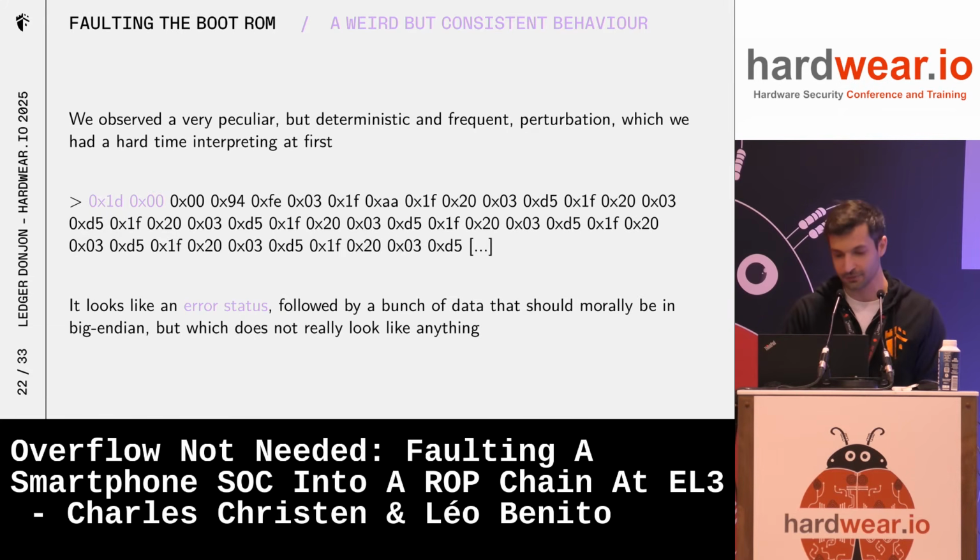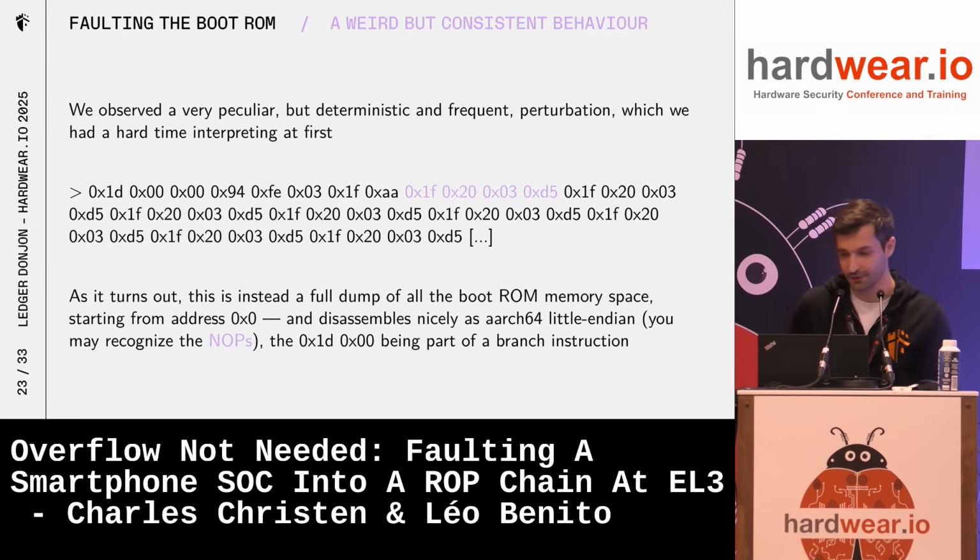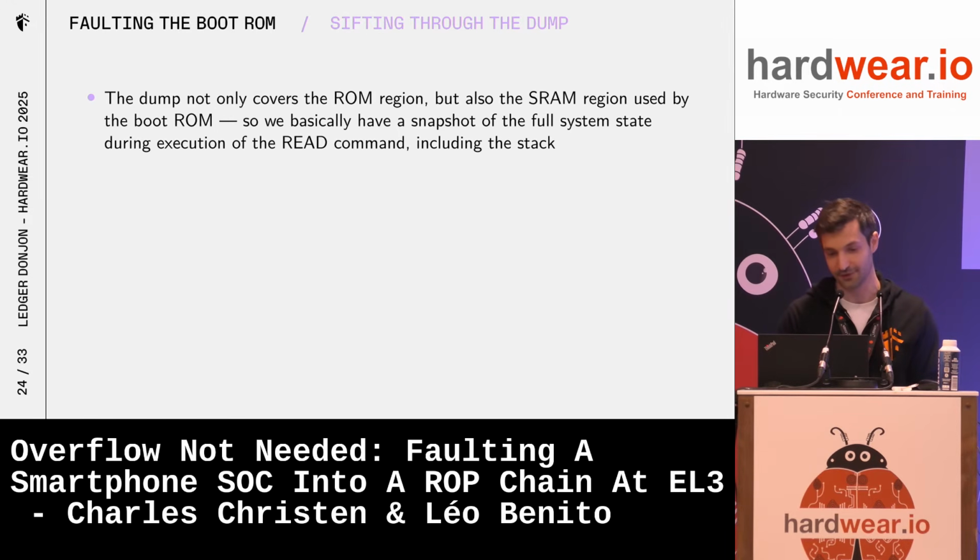And it actually took us quite a bit of time to realize that the 1D00 is not an error status. It's part of an instruction in AArch64 little endian. And we realized that the 1F20 03D5s were NOPs in AArch64. And as it turns out, we don't get a status, we just directly get a dump of AArch64 code in little endian.